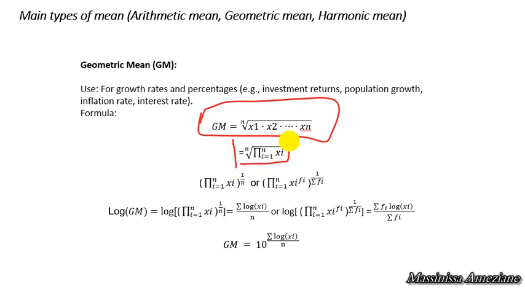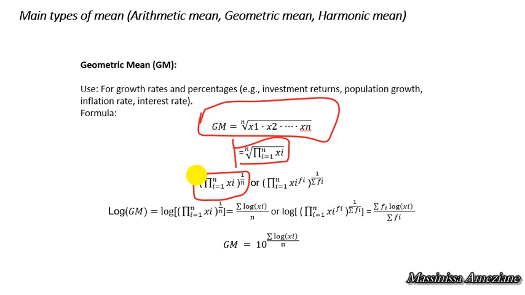We can write it like this: the nth root of the product of all your values, or also you can write it like this, the product of all your data points to the power 1 divided by n. It is the same thing.